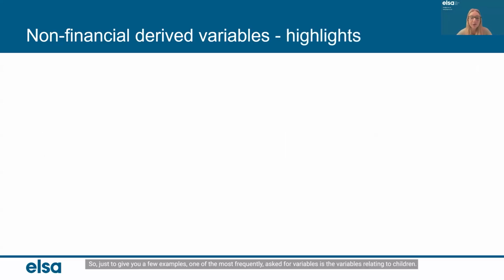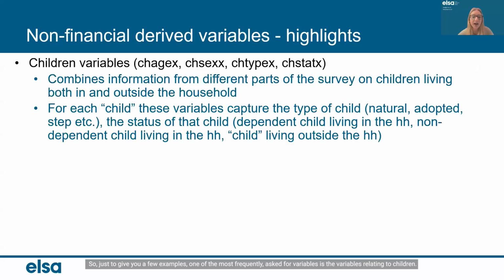So just to give you a few examples, one of the most frequently asked for variables is the variables relating to children. So in ELSA, the respondent can have children both in and outside the household, and inside the household, they can have dependent children or non-dependent children. The information on these different types of children is collected at different points in the survey.